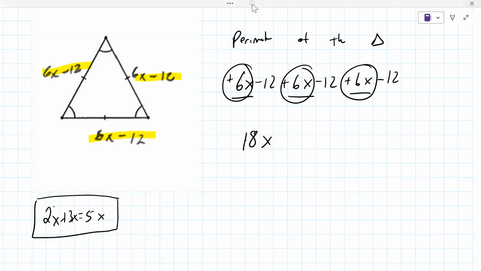And then we can have a different color here. Minus 12, minus 12, minus 12.